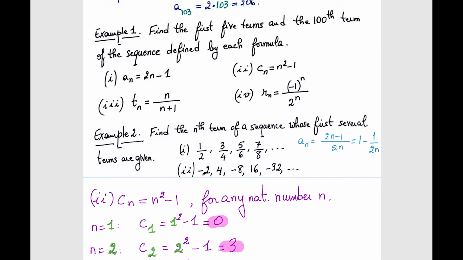Part 2. Here I have minus 2 as a first term, 4 as a second, minus 8, 16, and so on. It looks like the signs are alternating, and we just learned what factor makes that sign alternate. It's minus 1 to power n, correct?